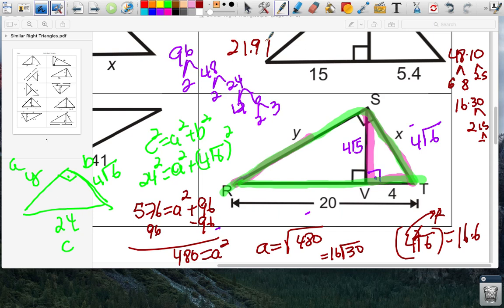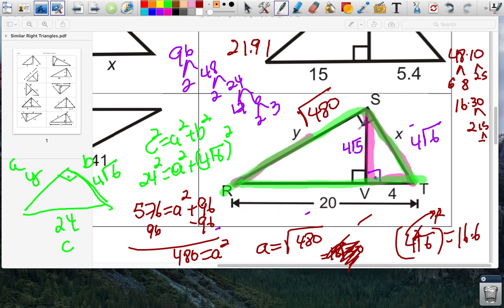Where did I mess up? I'm not going to waste your time. And this is the square root of 480. Unless I did something majorly wrong, you guys can figure out what 480 equals.